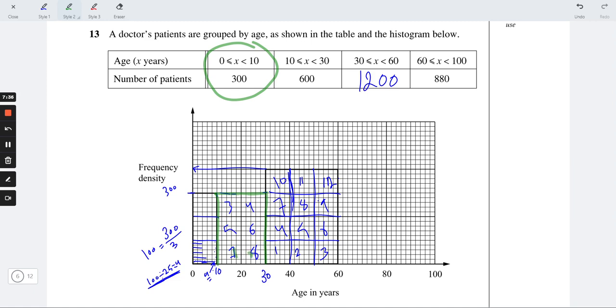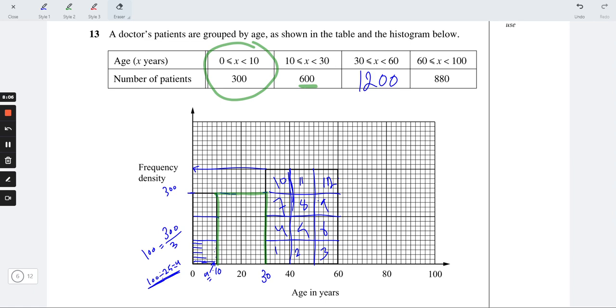So we have 1, 2, 3, 4, 5, 6. 6 times 100 is 600 here. So we need to draw it like this. You don't have to mention the small squares, this is just for explanation and clarification. Once you are drawing it, draw it like this.